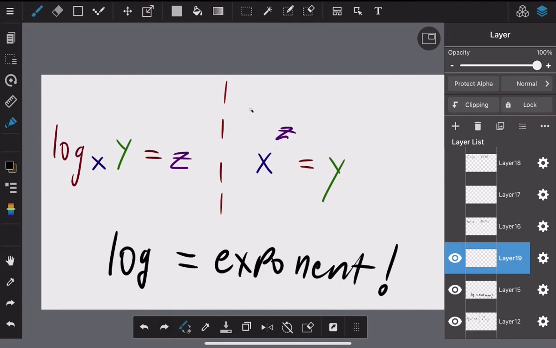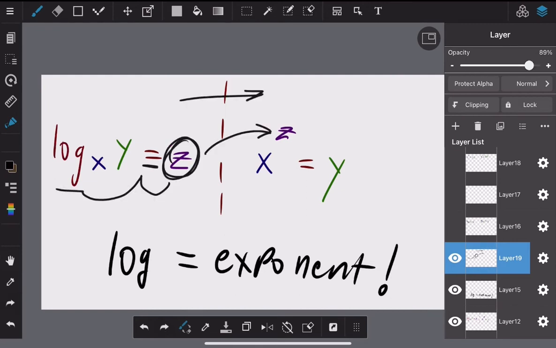And if you take a look at the logarithmic equation, you can see that the log is equal to the exponent. So knowing this, if we want to convert from log to exponential, we know that the log equals the exponent. So this number over here on the other side of the equal sign is going to become the exponent.